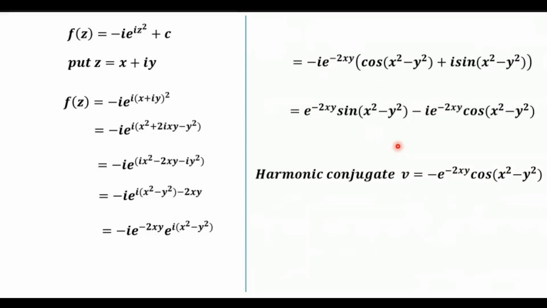That is one way of checking your answer also. Okay, so v is equal to, and u was this function. We have calculated ux, uy using this function only. So v, the harmonic conjugate, is e raised to minus 2xy into cos of (x square minus y square).